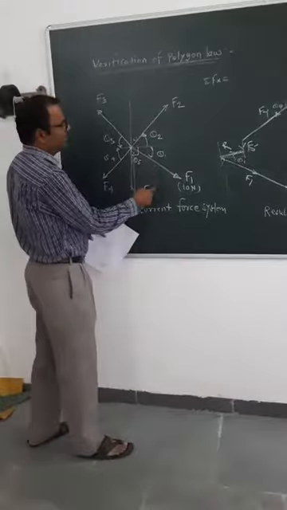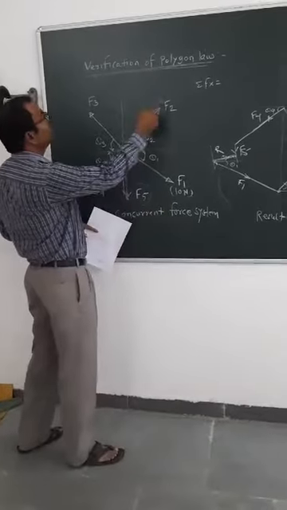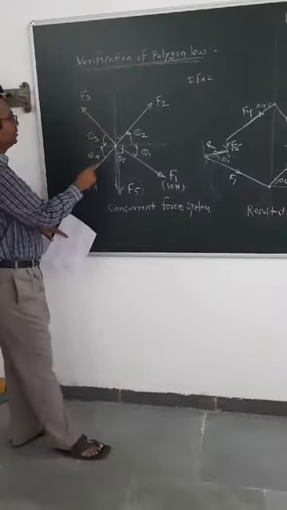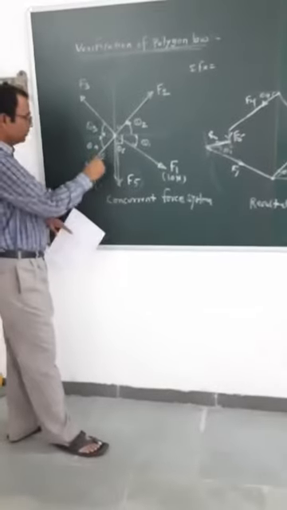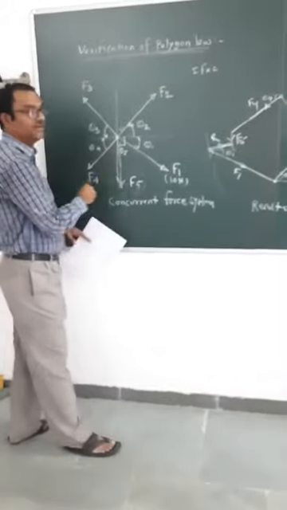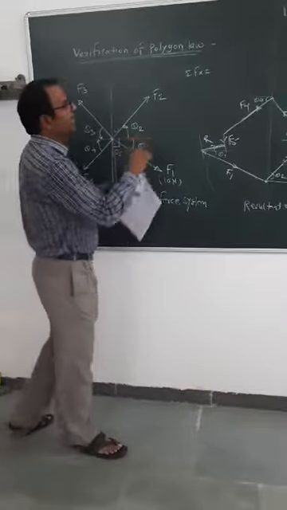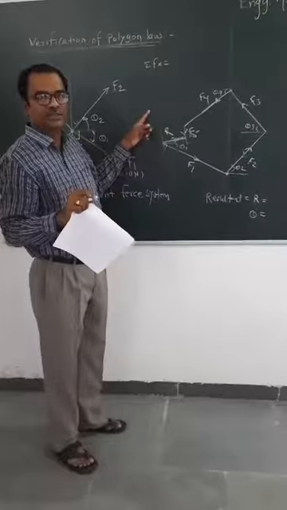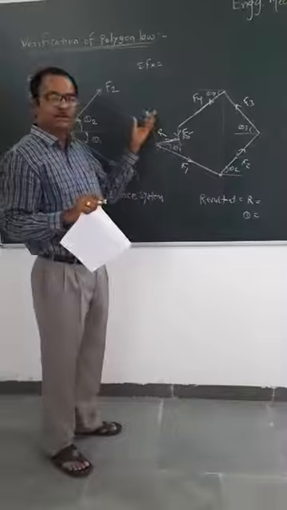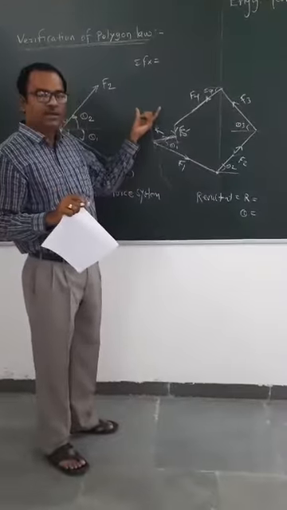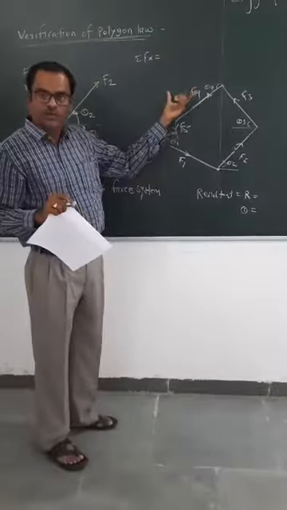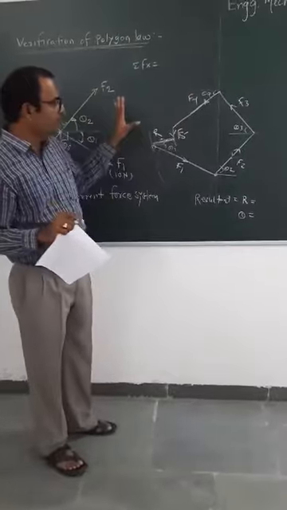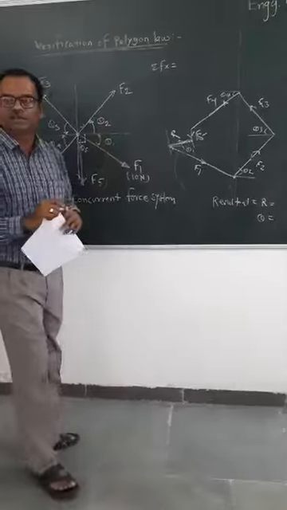Similarly, Fy is minus F1 sin theta 1 plus F2 sin theta 2 plus F3 sin theta 3 plus F4 sin theta 4 plus F5 sin 90. So you will get Fx, you will get Fy, you will get R equal to the square root of Fx squared plus Fy squared, and then the direction is tan theta equal to Fy upon Fx. So in this way you have to complete this first practical.